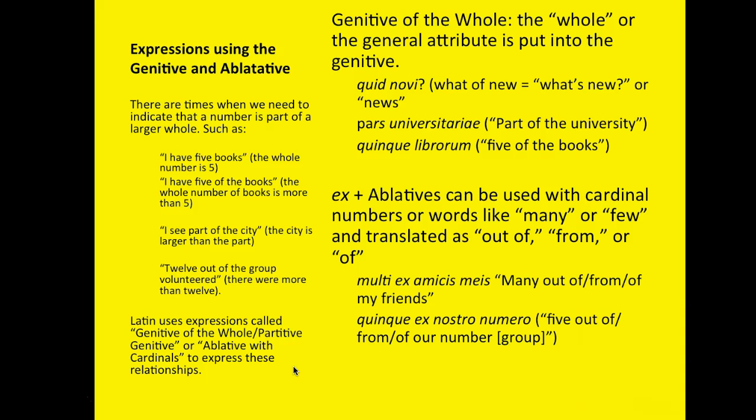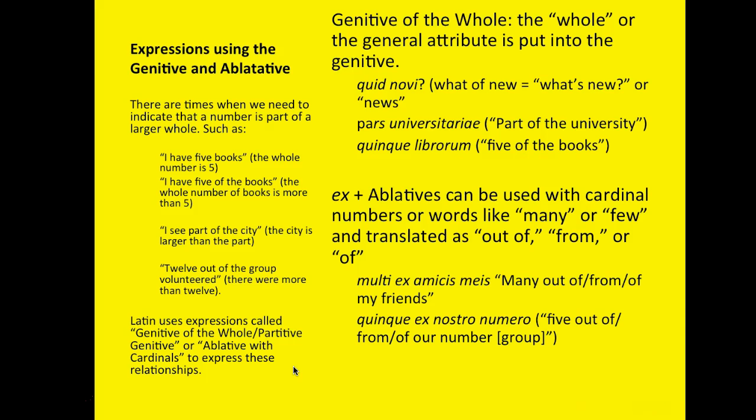With numbers, there are a couple of expressions that languages use and that have particularities in Latin that you need to learn. One is that when you want to indicate that there's some number of a larger number, we in English tend to use of or out of, as in 5 of my friends, or part of the city, or 6 books out of the library.